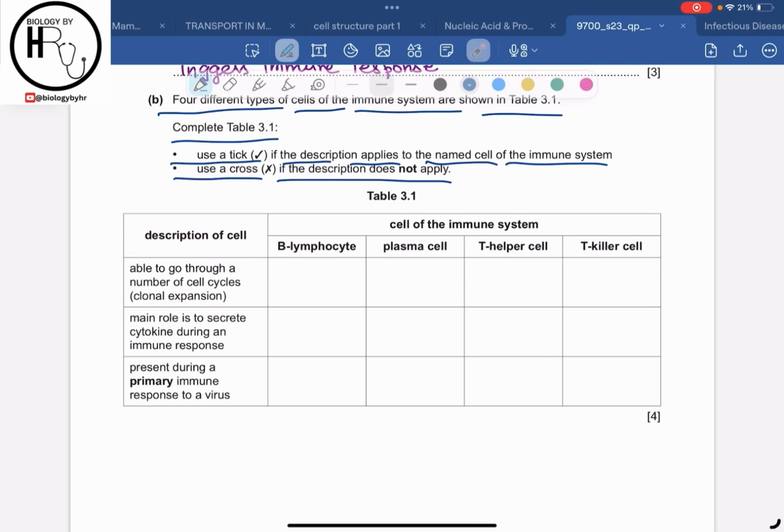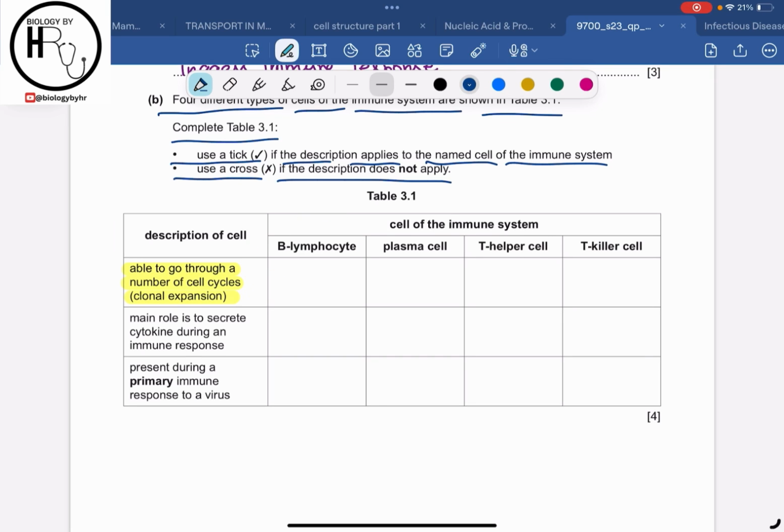Now let's read the description of these cells and see which of these cells the description matches. Let's start with the first description, able to go through a number of cell cycles, which means clonal expansion. The B lymphocytes and T lymphocytes can divide rapidly, which is clonal expansion, to form plasma cells and memory cells in the case of B lymphocytes.